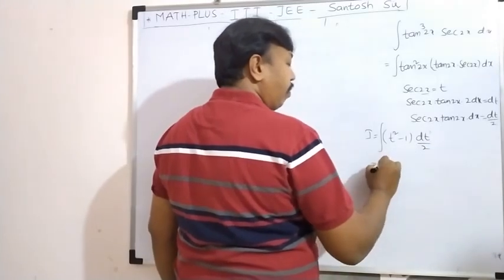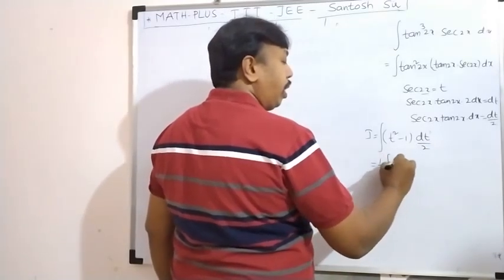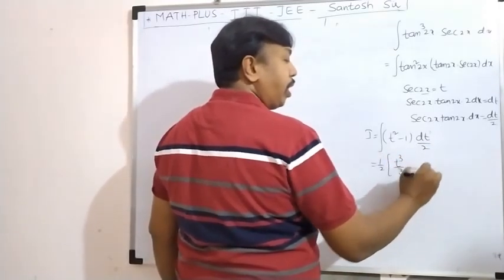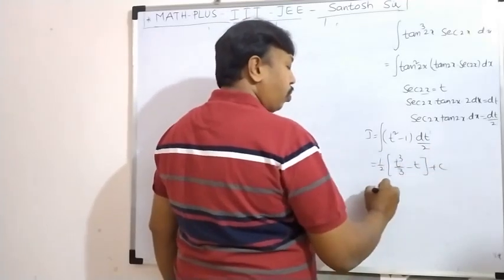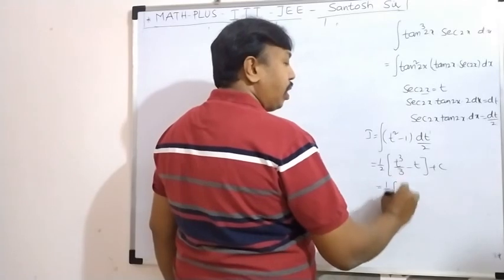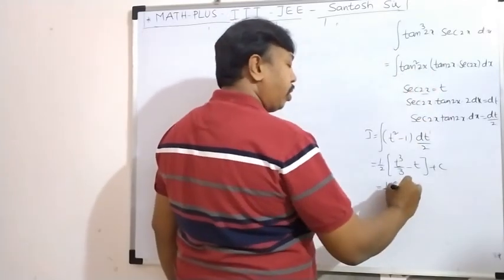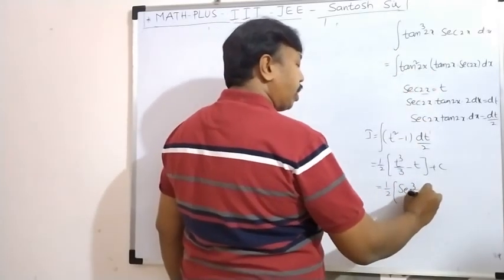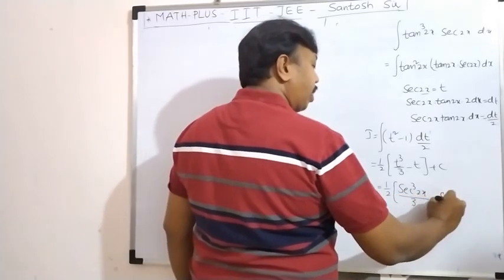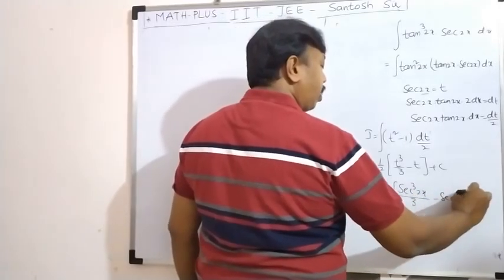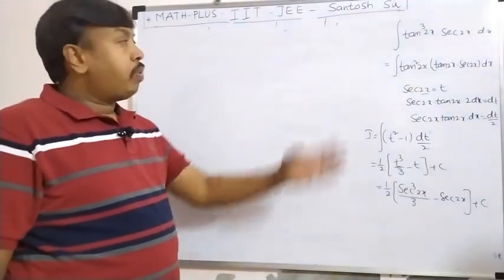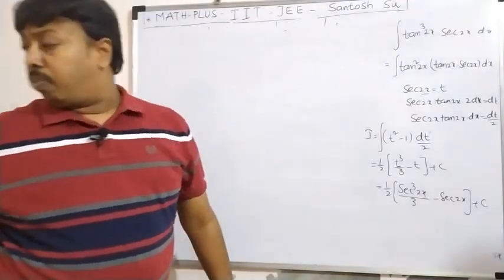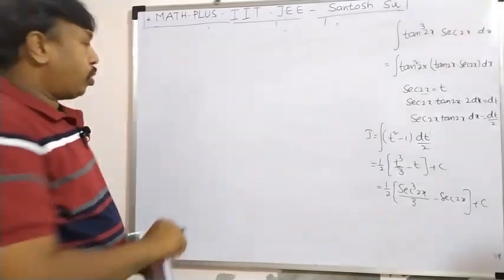Now see, 1 upon 2 take outside, integration of t square minus 1 is t cube upon 3 minus t plus c. So 1 by 2 into, what is the t value? Secant 2x. So secant cube 2x upon 3 minus secant 2x plus c. So this is the integration of tan cube 2x into secant 2x. So let us see some more questions.